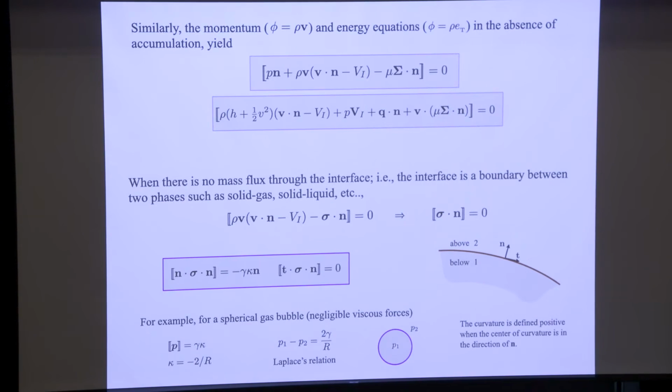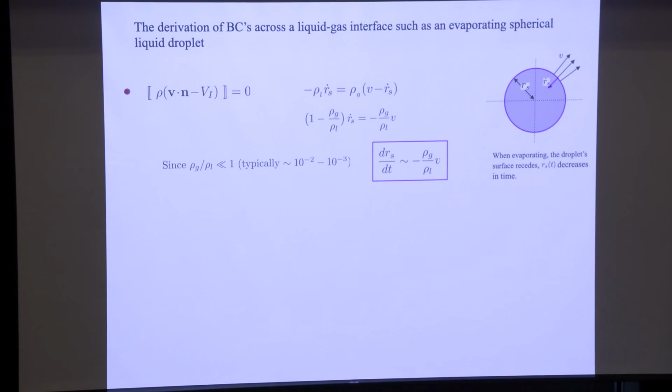So you see, these relations are useful in this context in different applications. It's also useful in some of the lectures that I will follow. For example, when we want to determine the condition at the surface as the boundary condition, say, on the surface of a droplet.